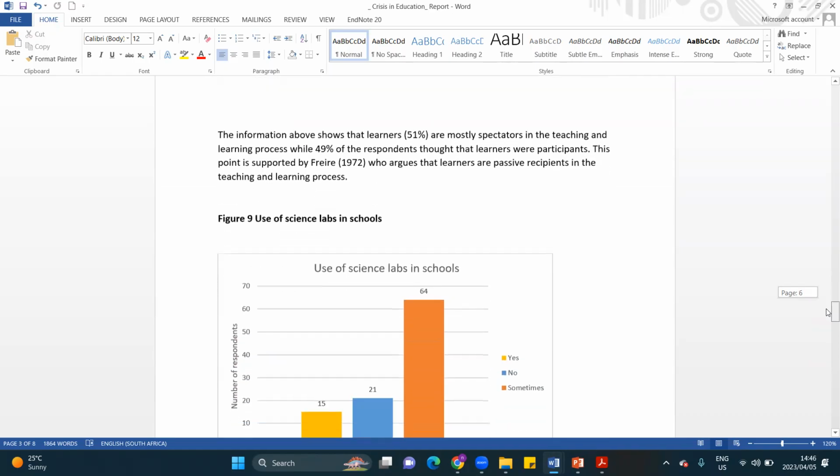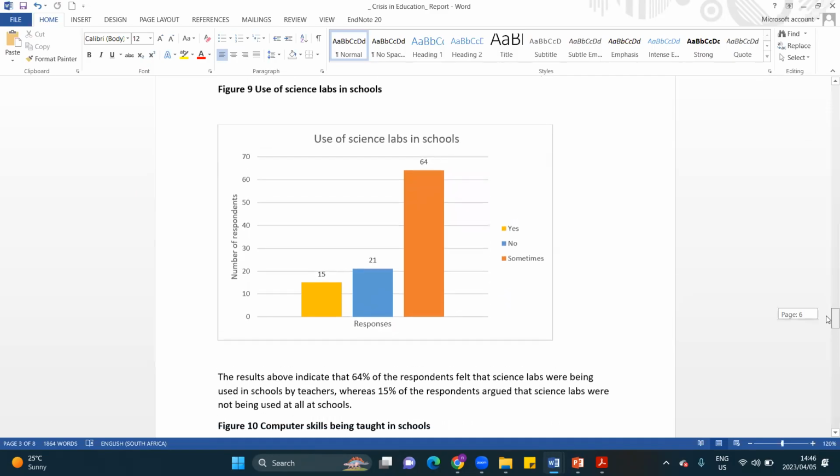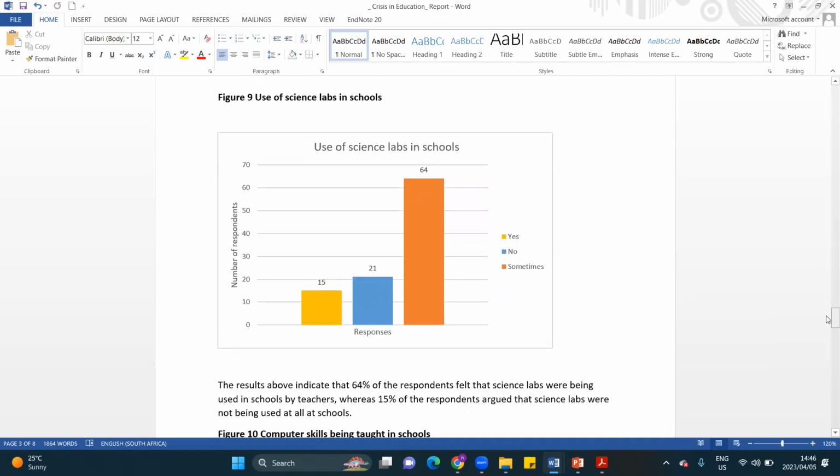Okay. The use of science labs, which ties in with the literature review that was done. There was some information about science labs and the effect of practicals. So that information ties in with this question, the use of science labs at schools.